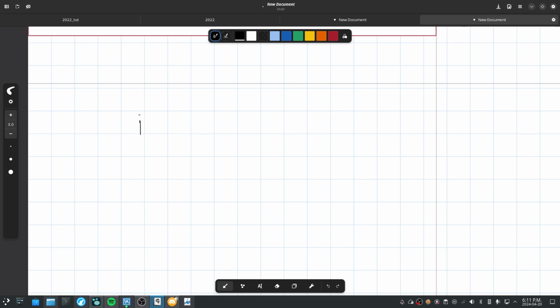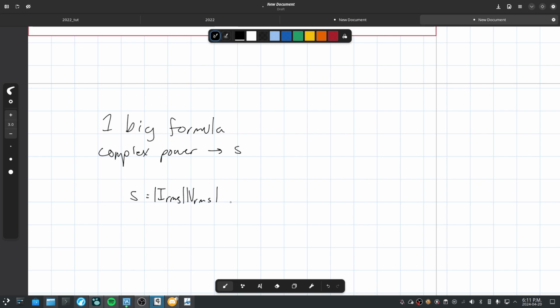Really, there's one big formula that you need to know for power: complex power, which I'm going to write as S. S is equal to the magnitude of I RMS times the magnitude of V RMS, at an angle of the voltage angle minus the current angle.